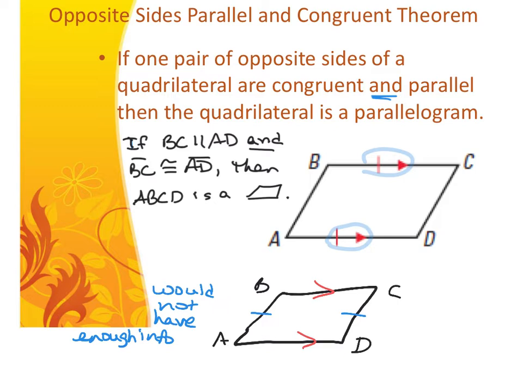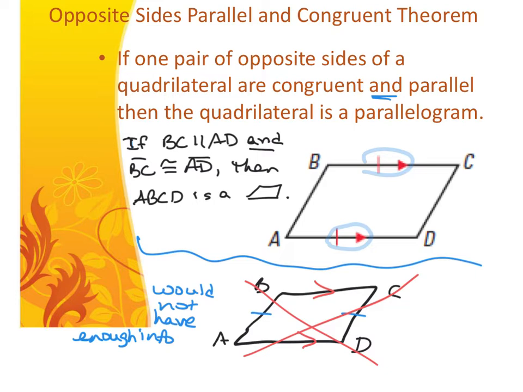So you would not have enough information to show that this is a parallelogram. The parallel and the congruency marks have to be together on the same side. So this would be a fail. You would not be able to use these kind of markings to use this theorem.